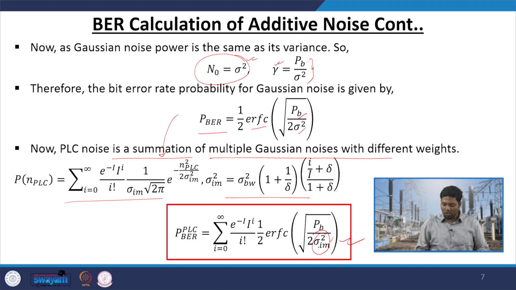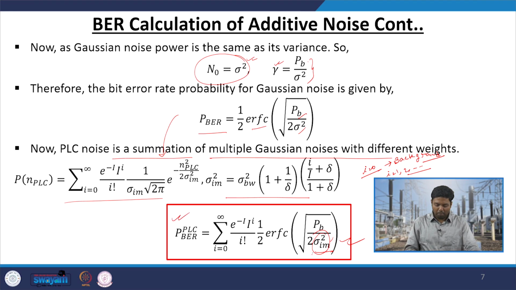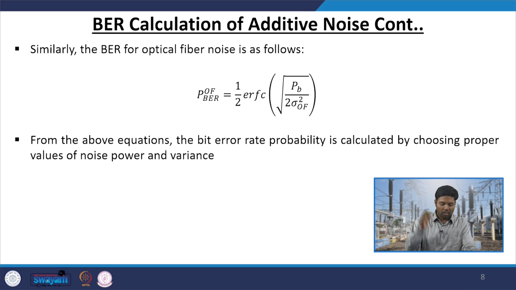This includes your background noise and also your impulse noise. So, we have seen that if your i equals 0, that is your background noise, and depending upon the i value, 1, 2, 3, the number of impulses will increase. So, this bit error rate depends only upon the standard deviation or the variance value of the noise level.